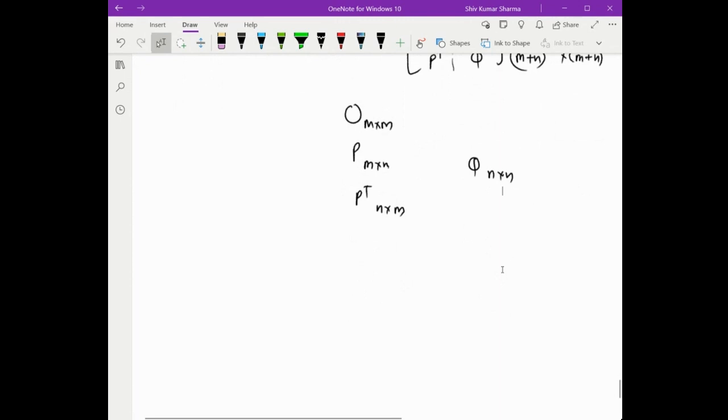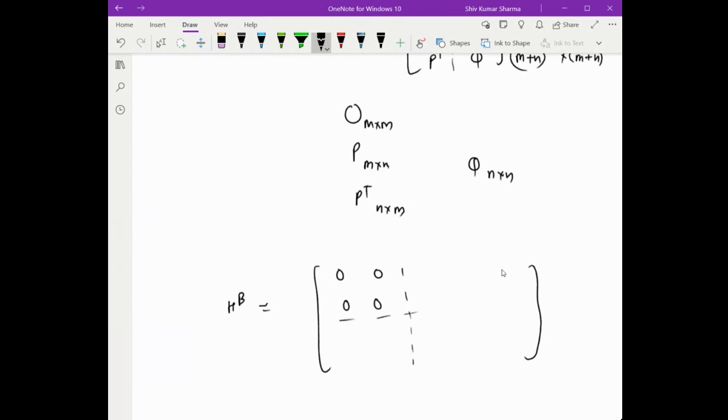So when we construct a bordered Hessian matrix, we write HB directly. Here m is the number of constraints; there are two, so you make a null matrix of order 2 by 2. And for P, we differentiate H1 and H2 with respect to X1, X2, X3.